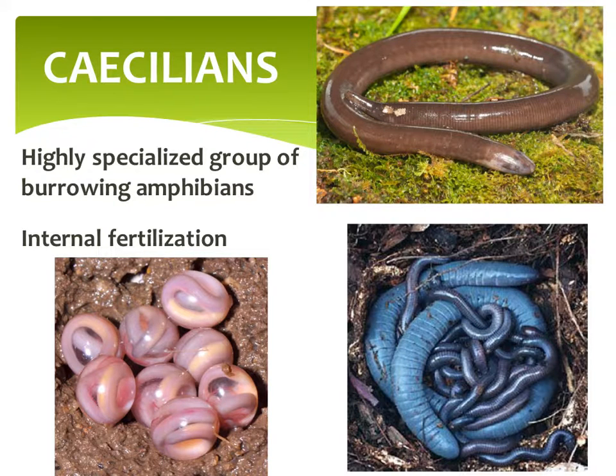They're going to burrow into the ground and will reproduce usually in those areas where they've burrowed in. They are going to have internal fertilization, and then they will lay the eggs where they will develop, and then the mother will raise them and stay with them as they grow. In some instances, they do occasionally have live birth.